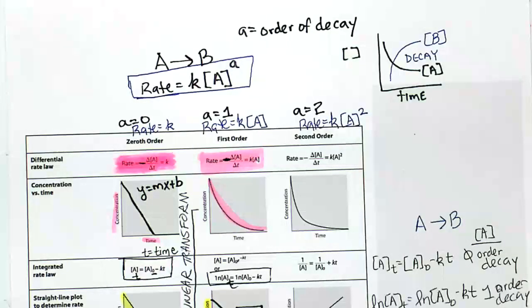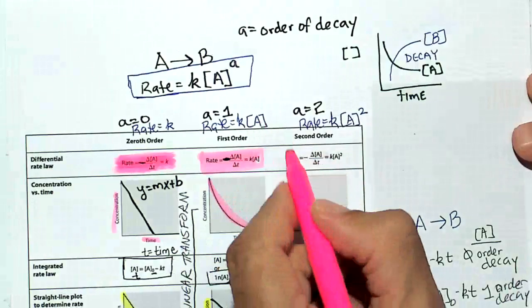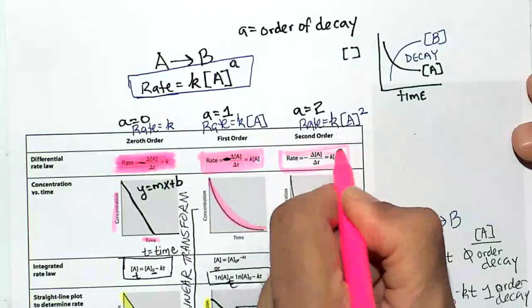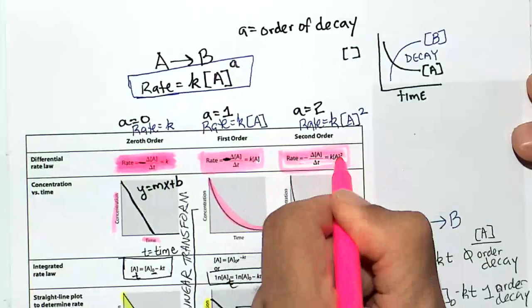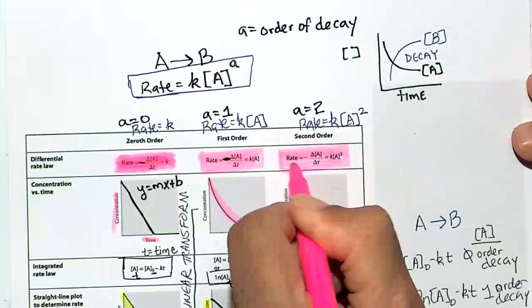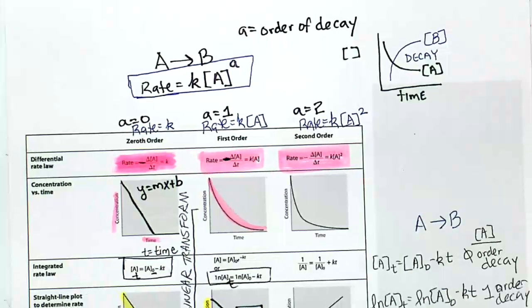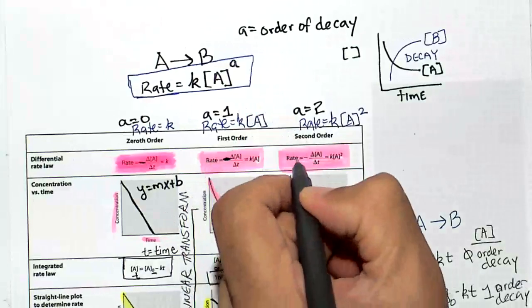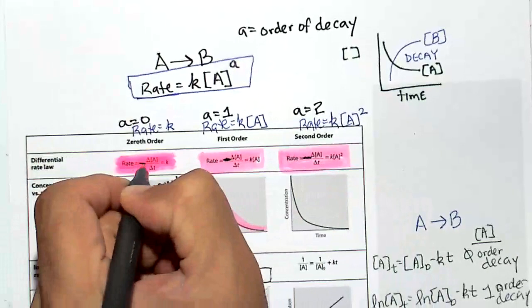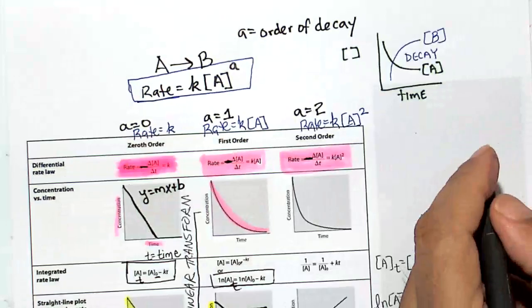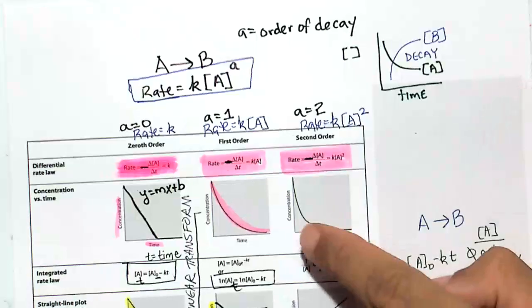So K is the rate constant, and that gets squared. Why the minus sign? Because it's a decay. We're measuring how fast based on decay.